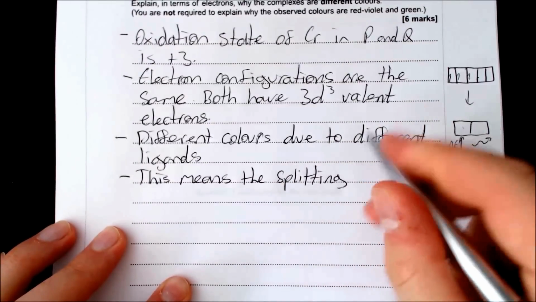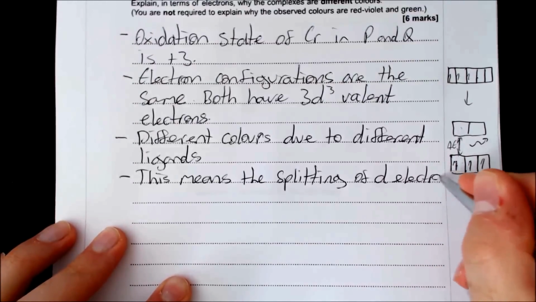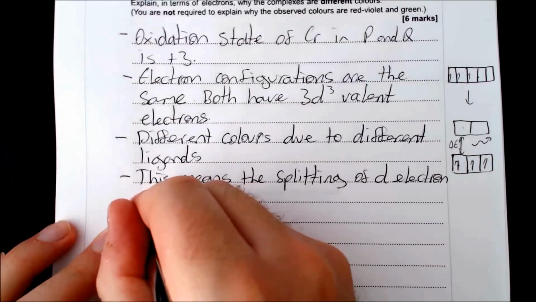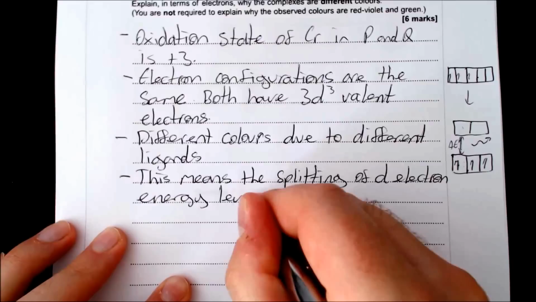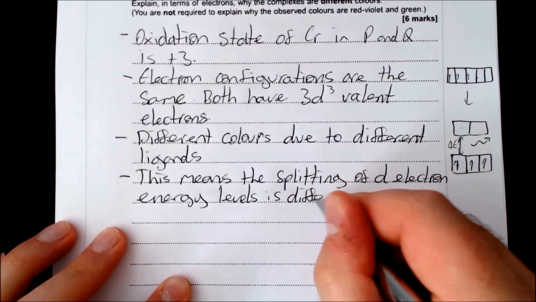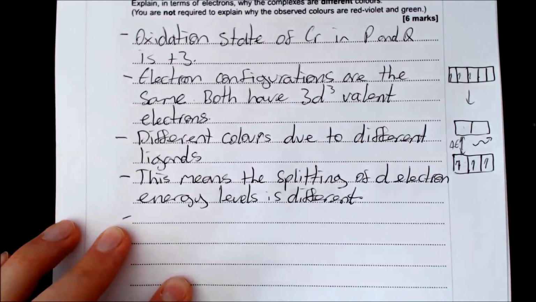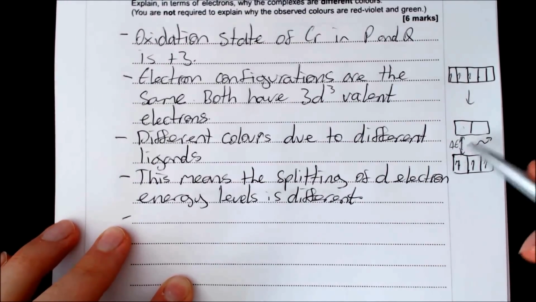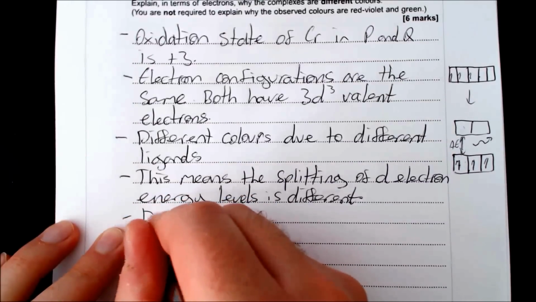Splitting of d electron energy levels is different. Okay, right. And obviously, like you say, we have different wavelengths of light coming into these electrons. So we'll put that down as well.